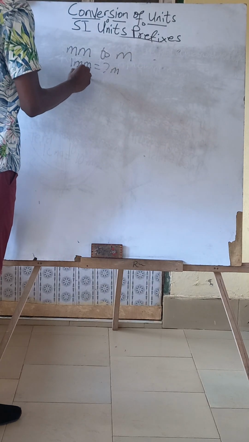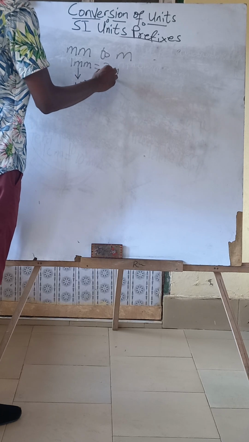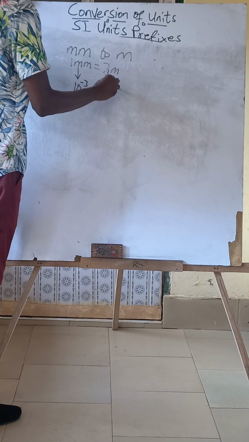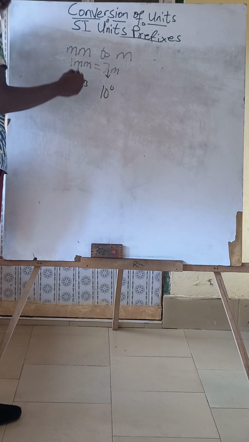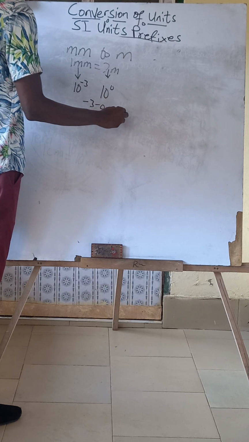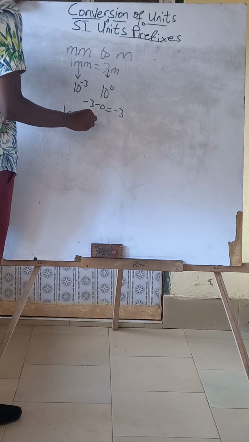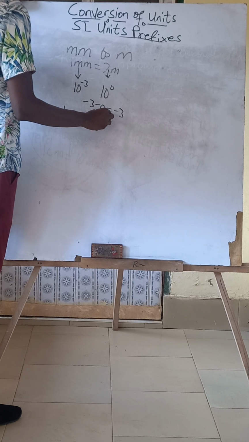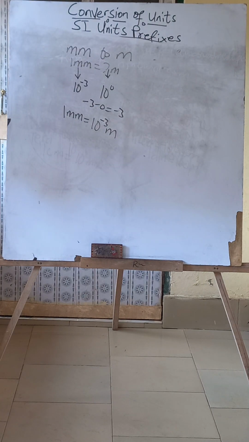For the submultiple, this is 10 raised to the power negative 3. You consider this to be 10 raised to the power 0. Conversion from a submultiple to a multiple, you subtract the exponent. So minus 3 minus 0 will give you minus 3. So 1 millimeter is equivalent to 10 raised to the power minus 3 meter. That is that. I hope you have understood everything very, very well.